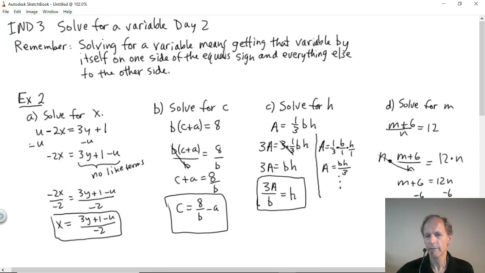On the left we have M, and on the right we have 12N minus 6. And you cannot do anything with the 12N minus 6. Those are not like terms. And so you're done.